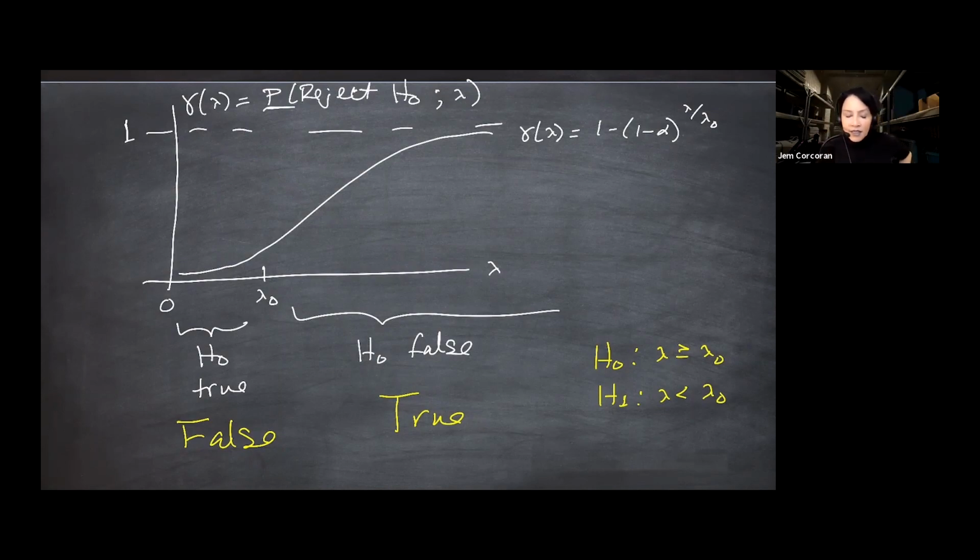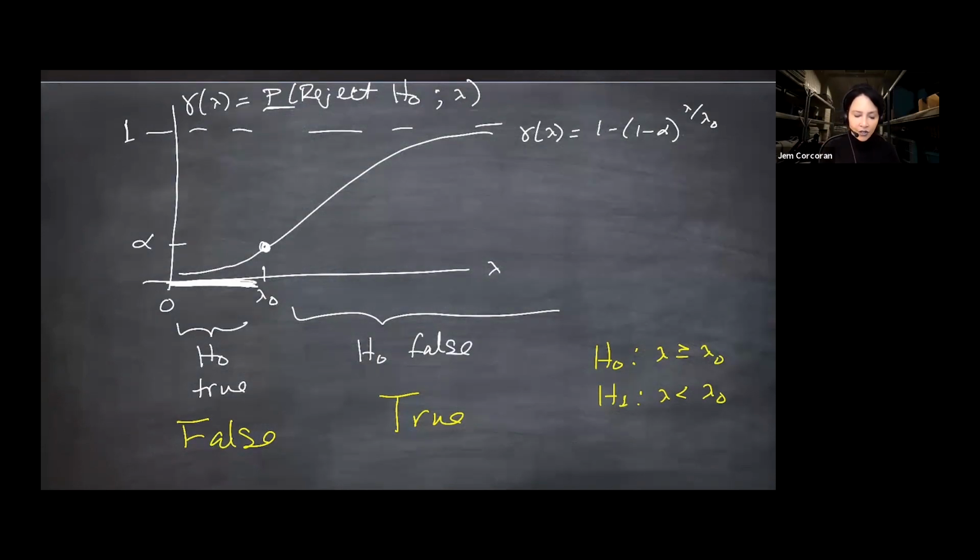But again, this is the probability we reject the null hypothesis. And check this out: if you look at only the region where the null hypothesis is true, the maximum probability of rejecting the null hypothesis is right here. So that means that this height on this graph has to be alpha, the maximum probability of rejecting the null hypothesis when it's true.